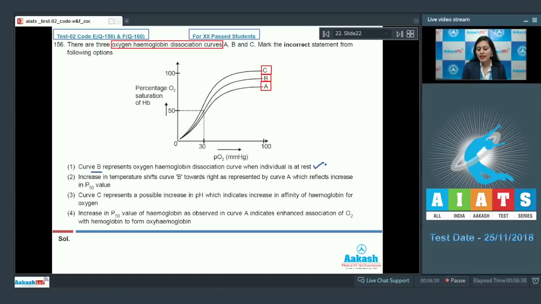this is a correct option and cannot be a correct answer to our question because we need to find an incorrect statement, and this statement is correct. Why?